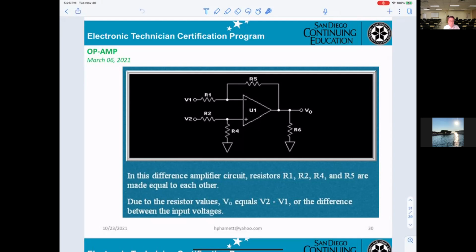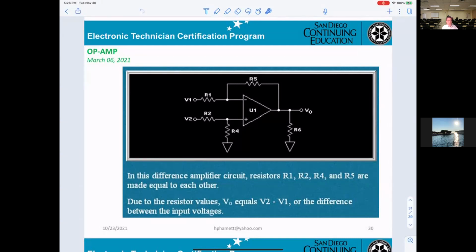VD means the voltage difference at the input, and VD equals V at the positive minus V at the negative of the op amp. And the open loop gain can normally be 100 to 100,000. That comes from the manufacturer.